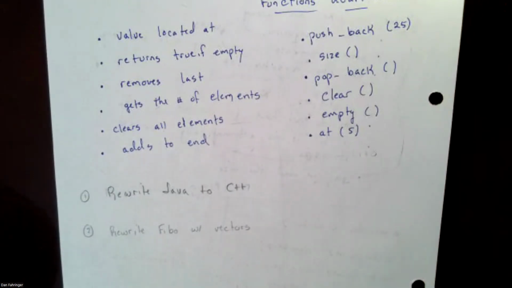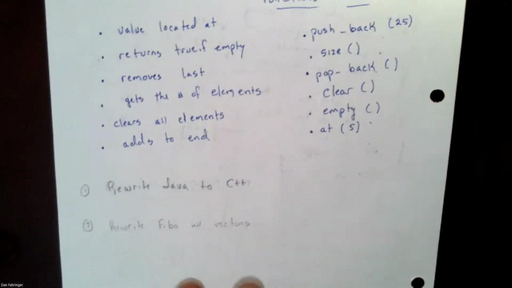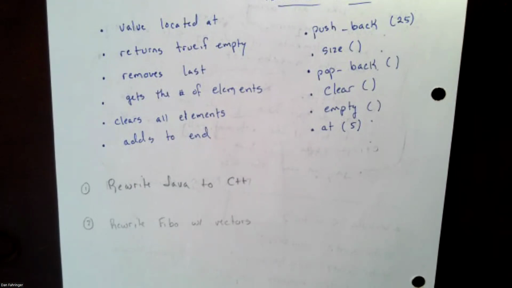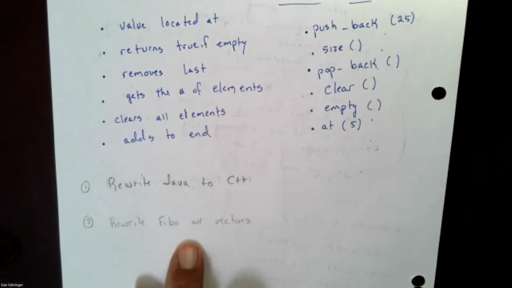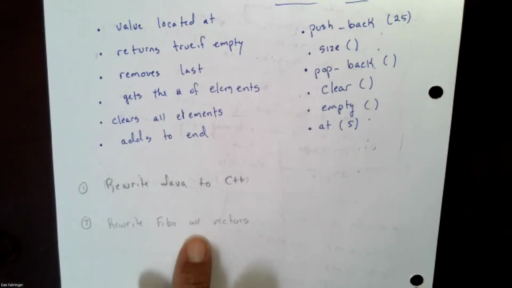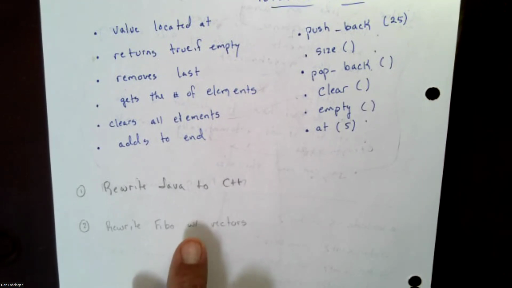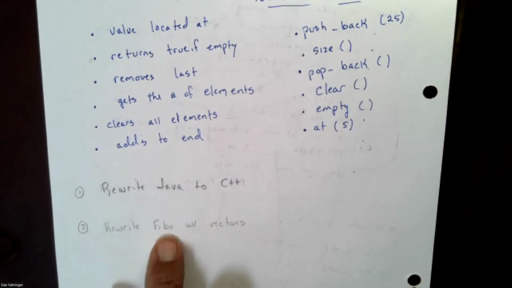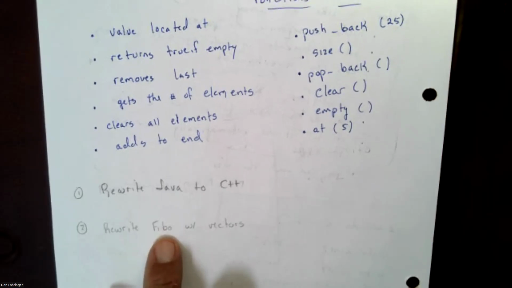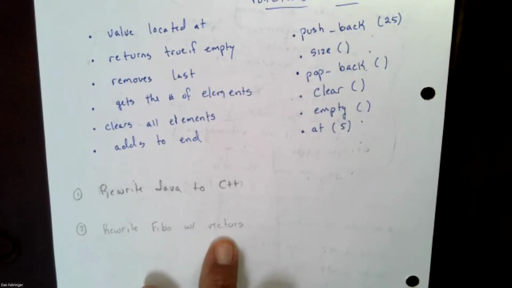You wrote a program and submitted it to me called Fibonacci. Okay, Fibonacci. In your group, the first thing I want you to do is make sure you can get a vector program up and running. You already have the concepts done for Fibonacci. You're just basically converting this from an array program to a vector program.